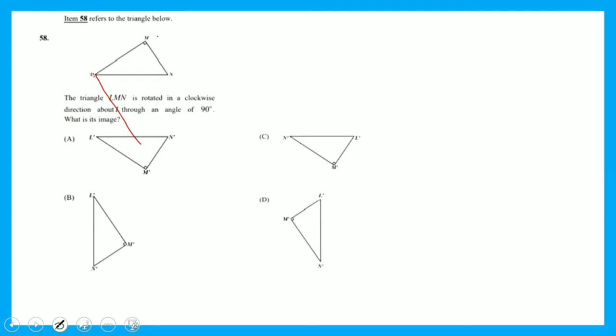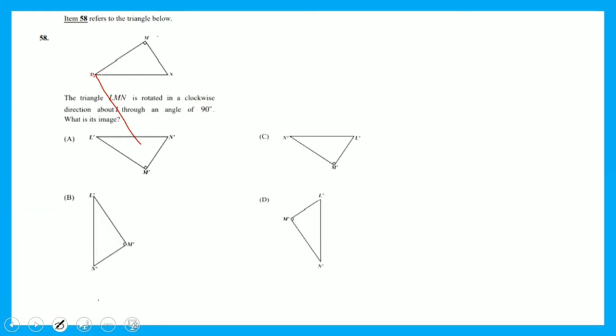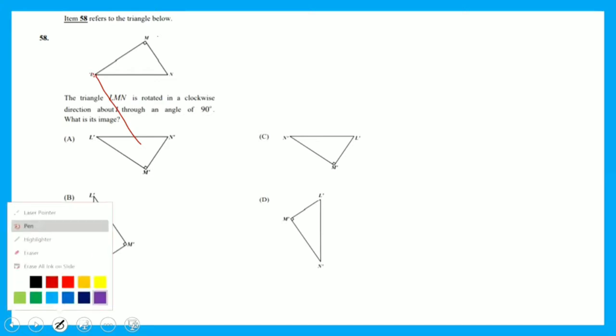If we are rotating that line 90 degrees, then it's going to end up where I have placed the red line, because there should be a 90-degree measurement between those 2 lines. So we're looking at what the shape should look like, and that image should end up about there.